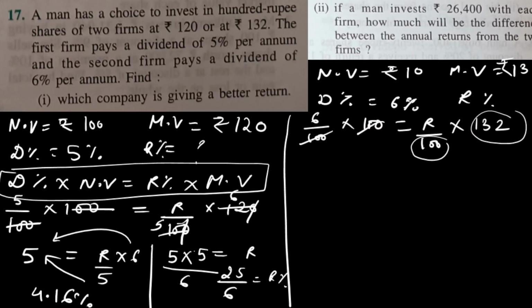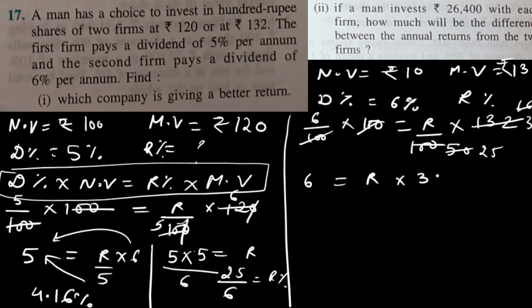Or let's do cancellation this side, whatever will be left behind that will shift. So this is 100, this is 132. On 2's table we can do 2 into 50, 2 into 66. 2 into 25, 2 into 33. So what I am left with, 6 is equals to R into 33 by 25. And let's check 2 into 6.